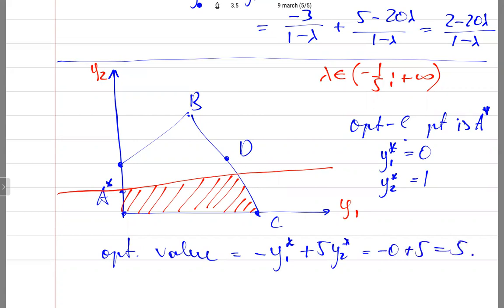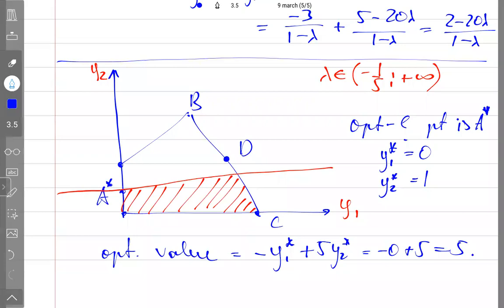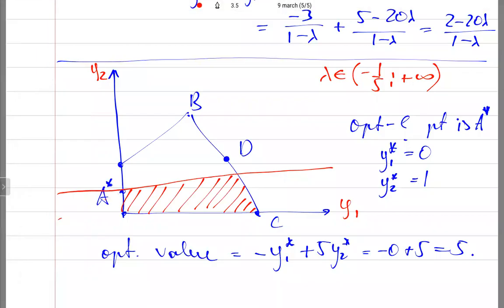And then I just collect everything. I need to consider border cases, but because the point moves continuously, as the optimal set changes continuously, I understand that on the border case, in the point D for example, when my line goes through the point D exactly, because of continuity, the maximum will also be 5.